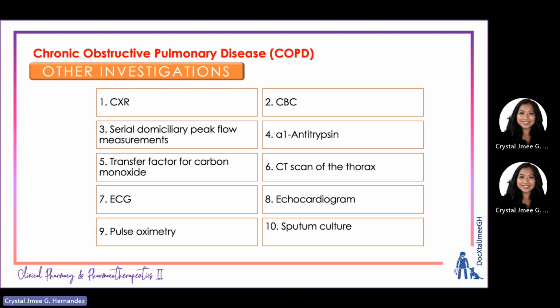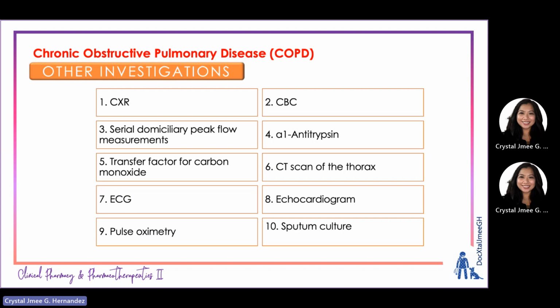Number 5, we have transfer factor for carbon monoxide. This is to investigate symptoms that seem disproportionate to the spirometric impairment. Just what I have mentioned, sometimes the spirometry would give this, but the patient would have a different manifestation or other signs and symptoms. So this is used to confirm the diagnosis.